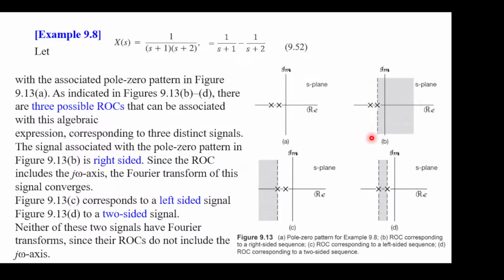This one also has a good thing: if you take the Laplace transform back to x of t, we have some extra property of x of t here. Because this ROC includes the sigma 0 part, this x of t will have a convergent Laplace transform and Fourier transform.